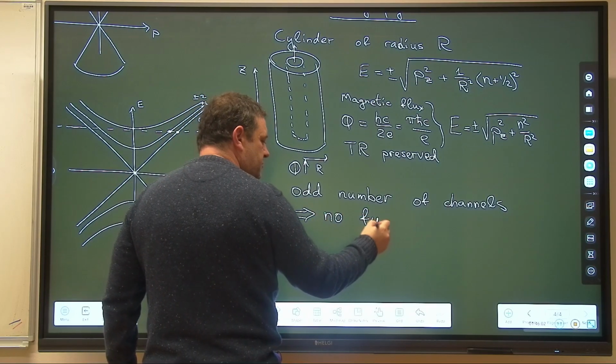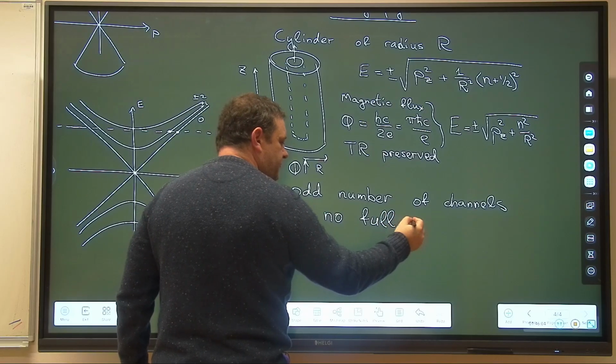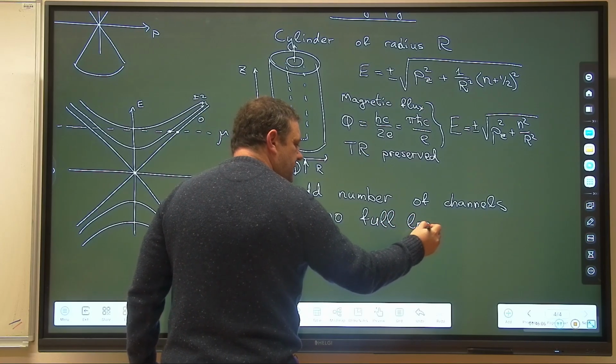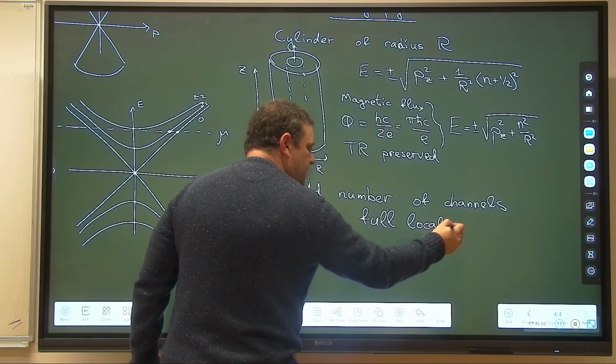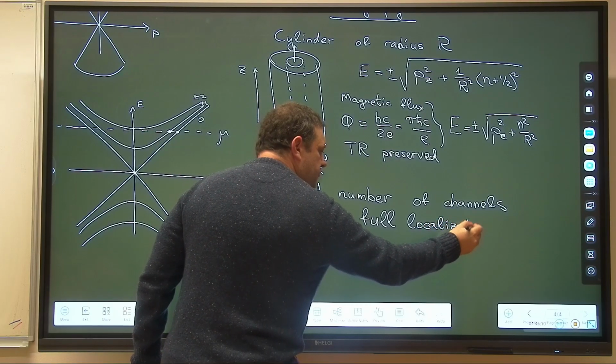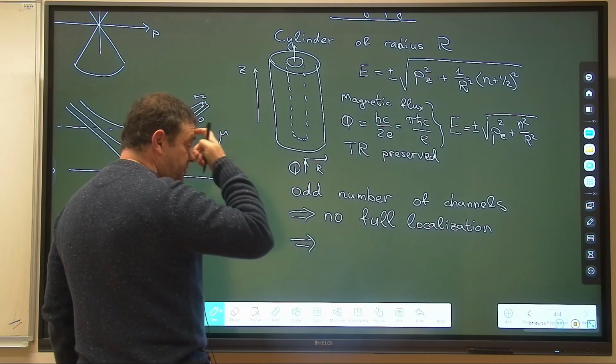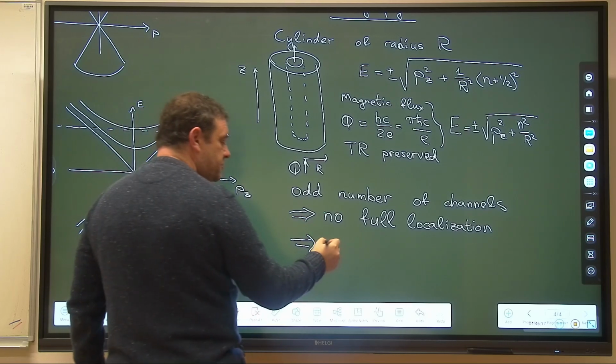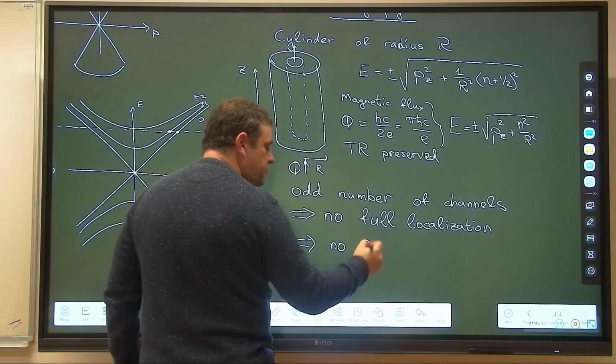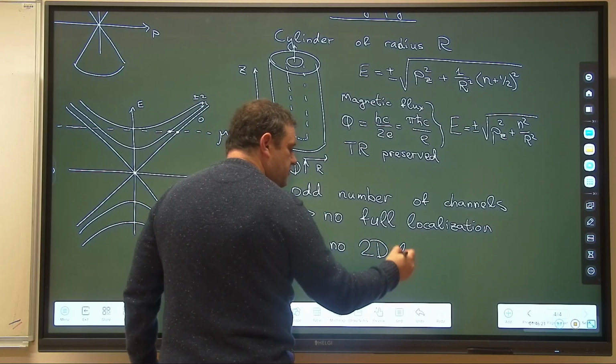So some channels can be localized, but not all of them. And this actually proves, from this statement, we can conclude that there is also no 2D localization on the surface.